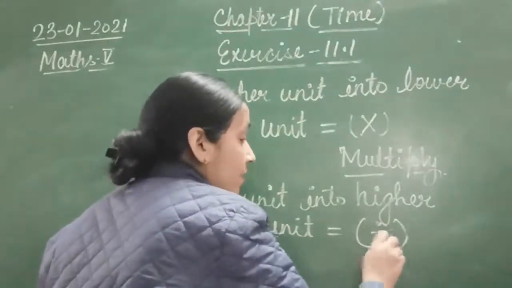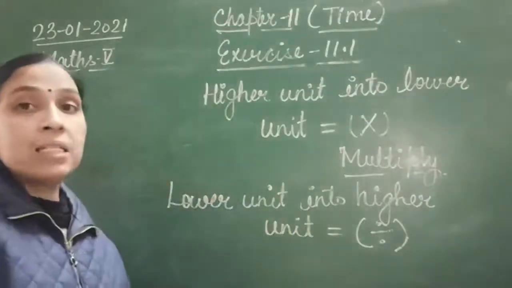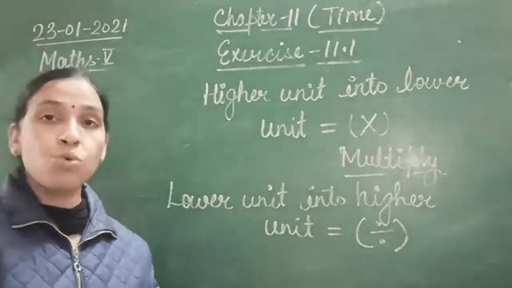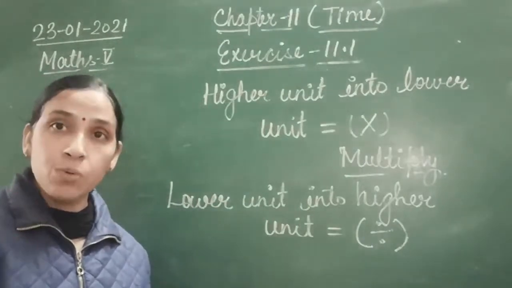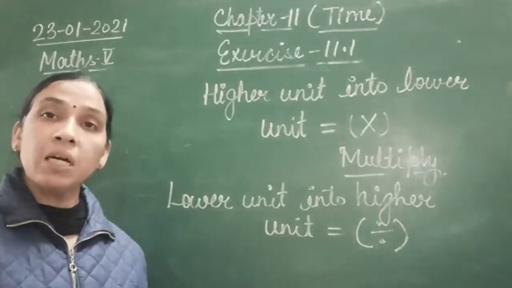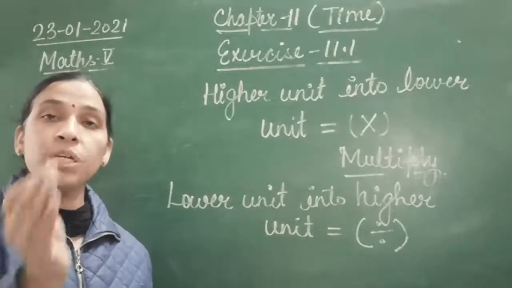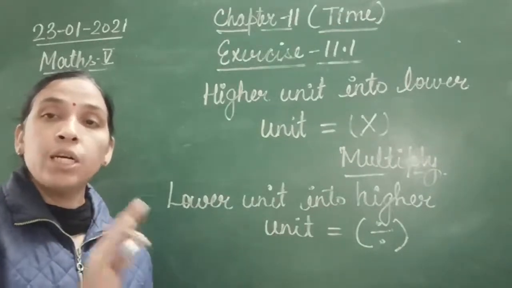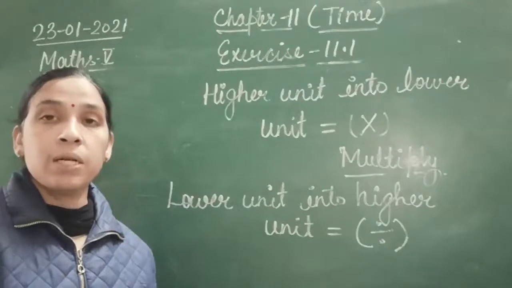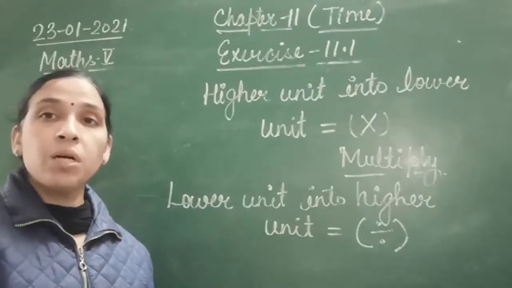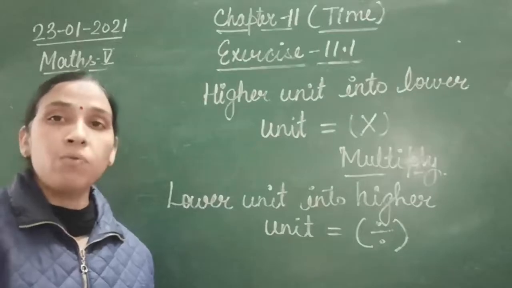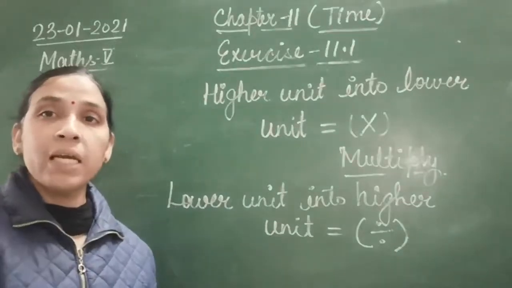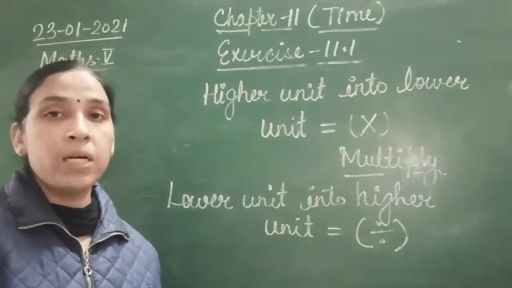Now, these two things are quite important. Whenever you are doing conversion from a higher unit into a lower unit, you will do multiplication. For example, if you have to convert 4 days into hours, in 1 day we have 24 hours, so 4 will be multiplied by 24.